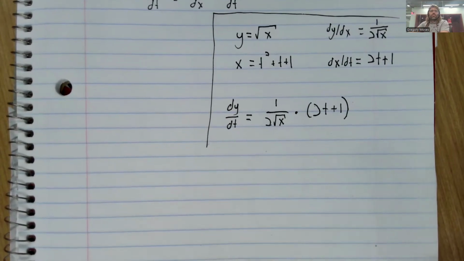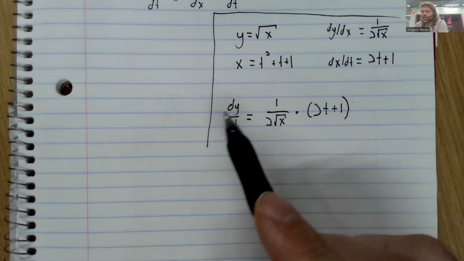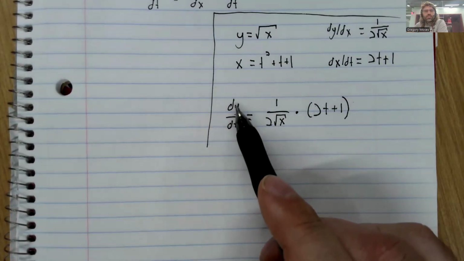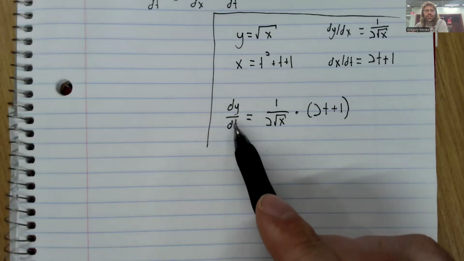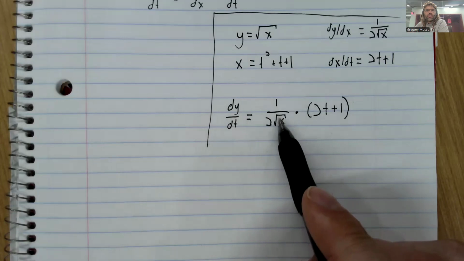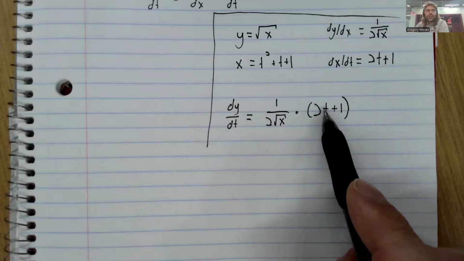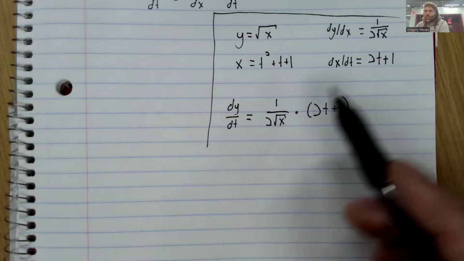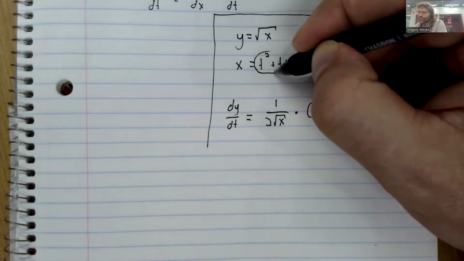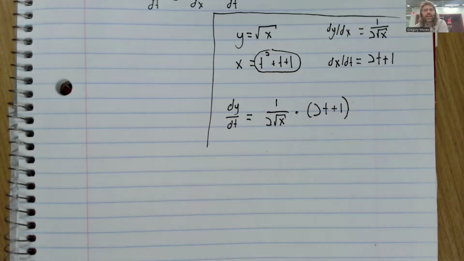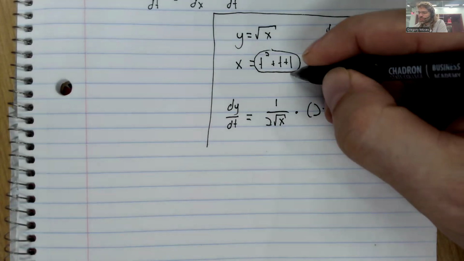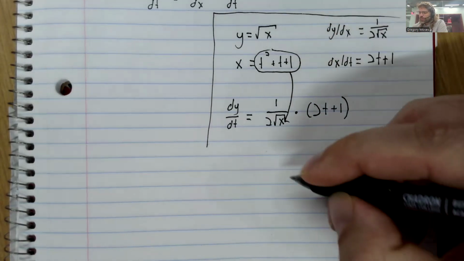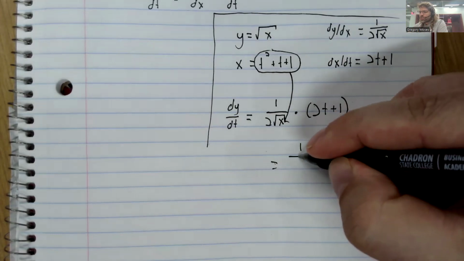Now, something kind of wonky has happened here. dy/dt, the derivative of y with respect to t, is now written in terms of two different variables. It's written in terms of t, but it's also written in terms of x. Well, fortunately, we know that x is t squared plus t plus 1, so we can just do a substitution.